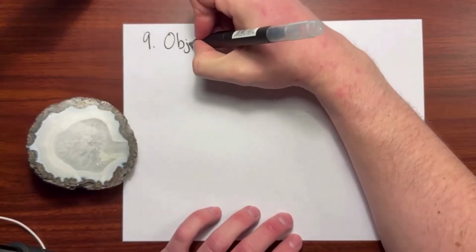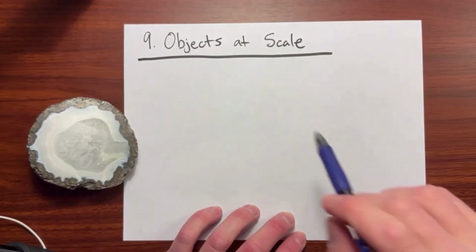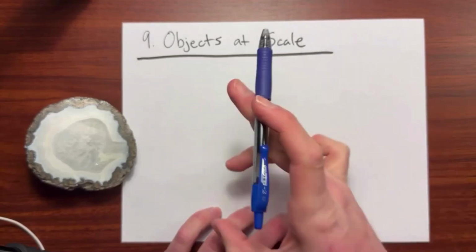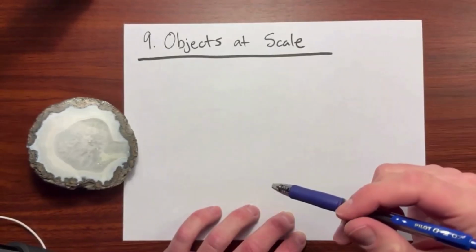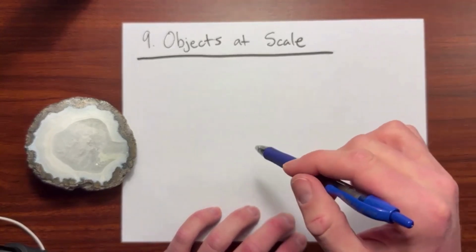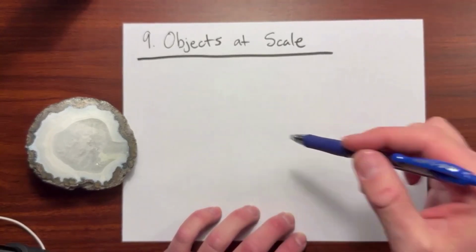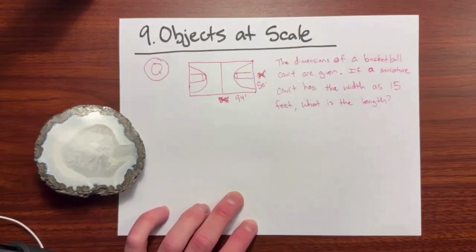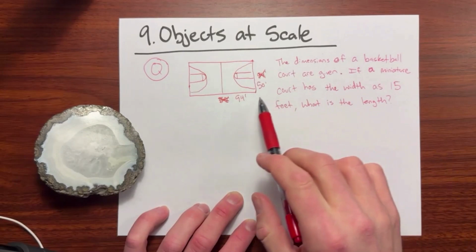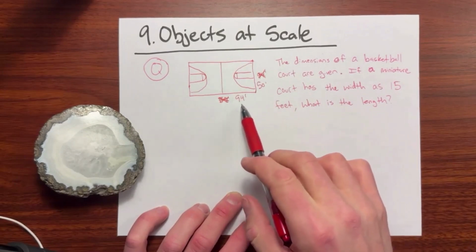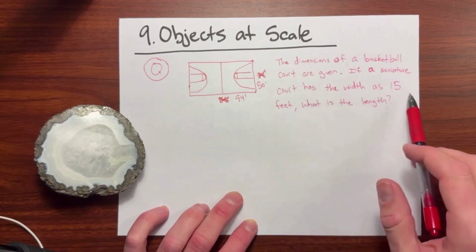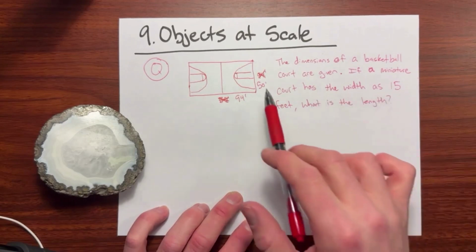Number 9, objects at scale. So you'll have to use scale factors to convert dimensions between scale drawings and actual objects. The Khan Academy video for this one's called Scale Drawings, and we'll jump right into an example. Okay, so let's say a question gives you the dimensions of a basketball court as 50 by 94, and you're told that a miniature court has the width of 15 feet.